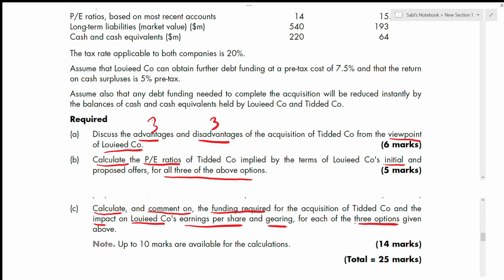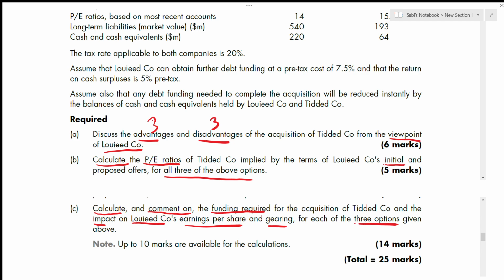When an acquisition question is given, you will be asked this type of question repeatedly. Most frequently, this type of question will be asked from the acquisition chapter: the funds required, the impact on EPS, the impact on gearing, and the advantages and disadvantages. But the advantages and disadvantages of acquisition should not be general. They are asking from the viewpoint of Louieed company. Now let's read the case study.